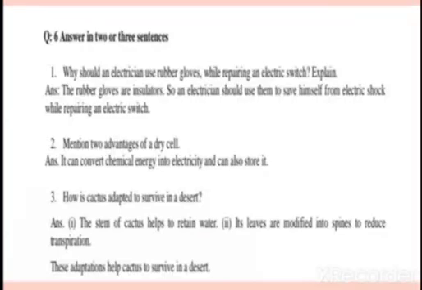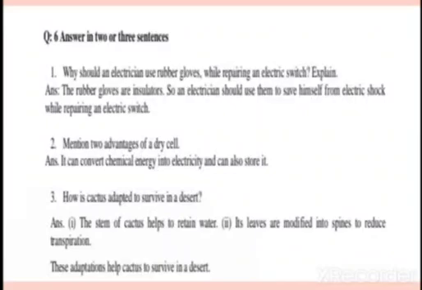Question number 3. How is cactus adapted to survive in a desert? So you also know what the specialities in cactus are, so it can survive in a desert. First, the stem of cactus helps to retain water, and second, its leaves are modified into spines to reduce transpiration.